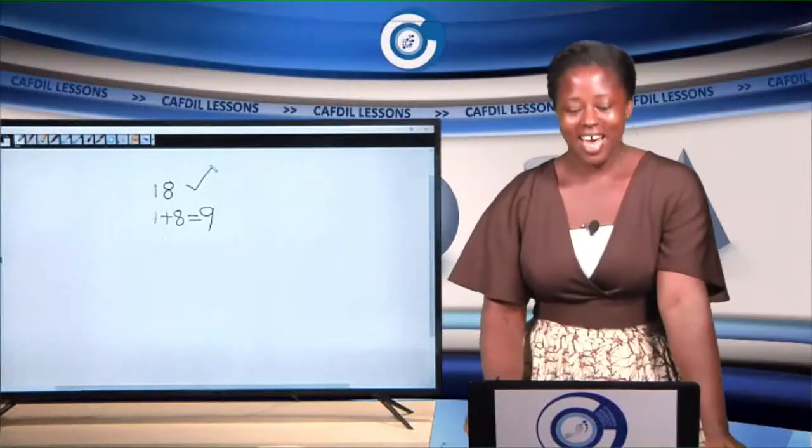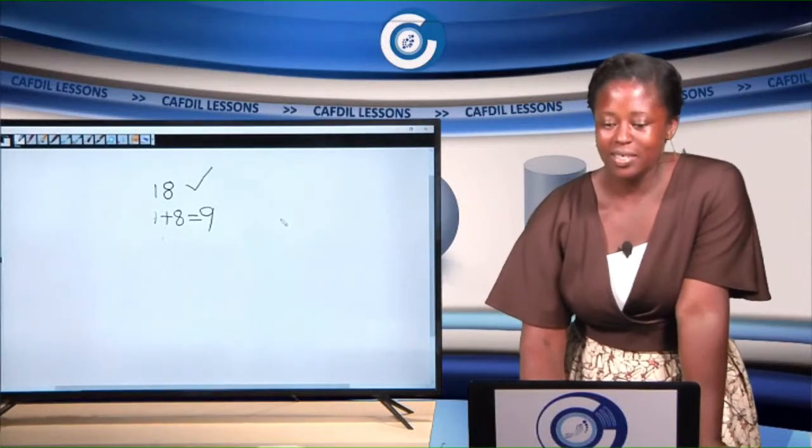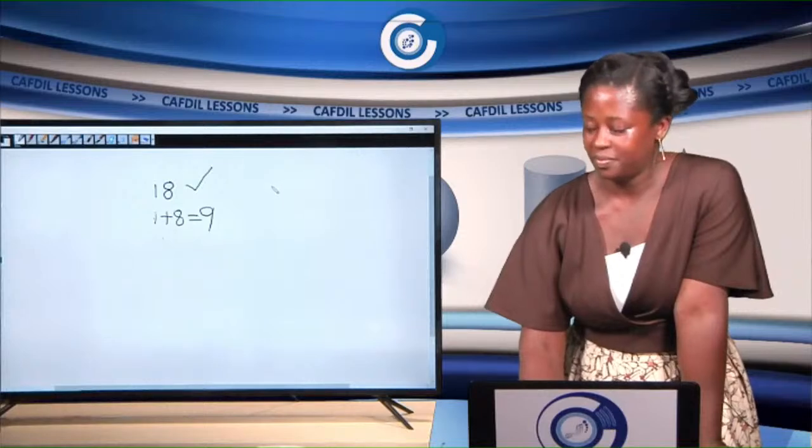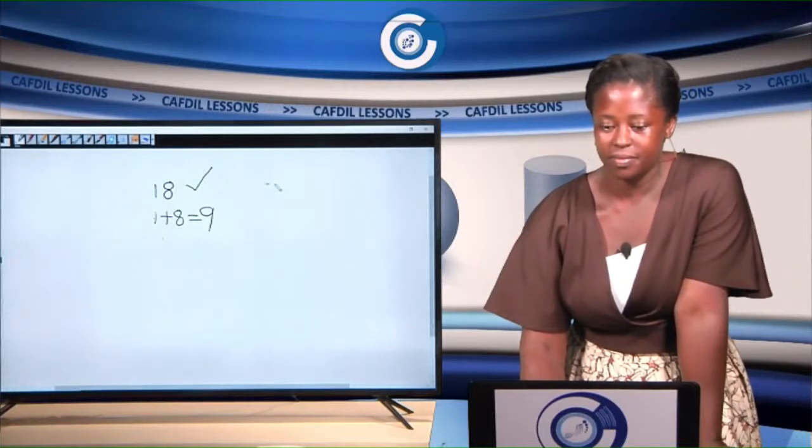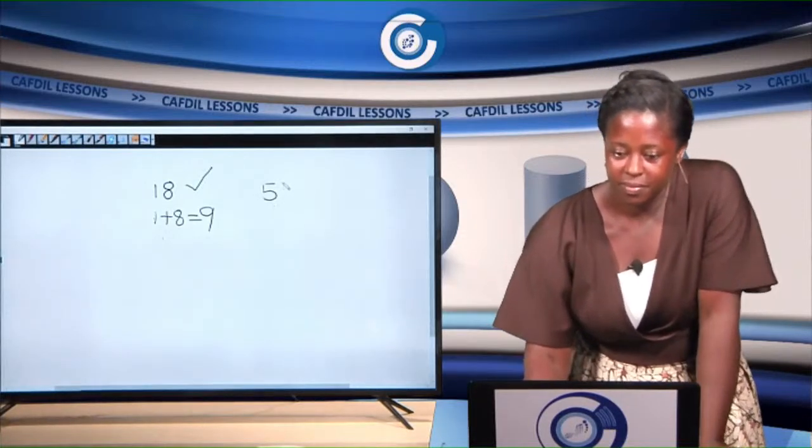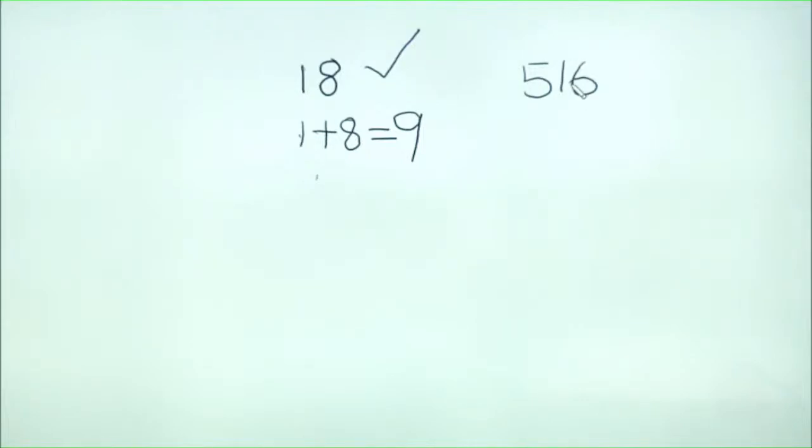Alright, another example. We have 516. We want to check if this number is divisible by 9. Let's follow the rule: the sum of its digits.